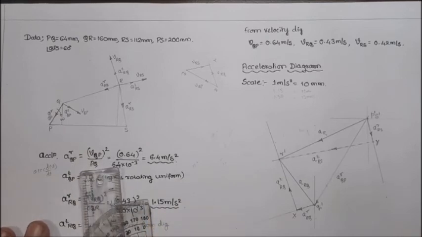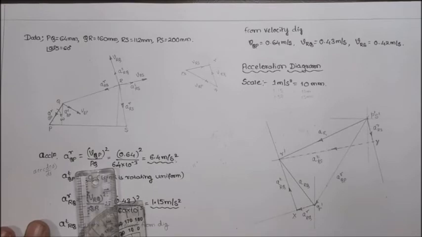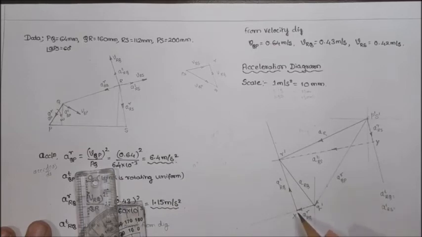To find out the angular acceleration, we have to measure the vectors. So what vectors do we have to measure? We have to measure acceleration of t with respect to Rq and acceleration of t with respect to Rs. So where are we going to get them? We are going to get them from the vectors.